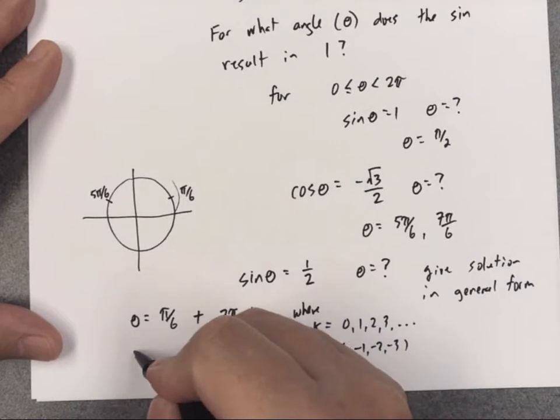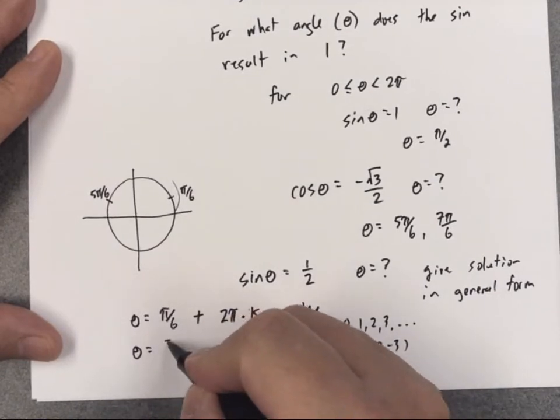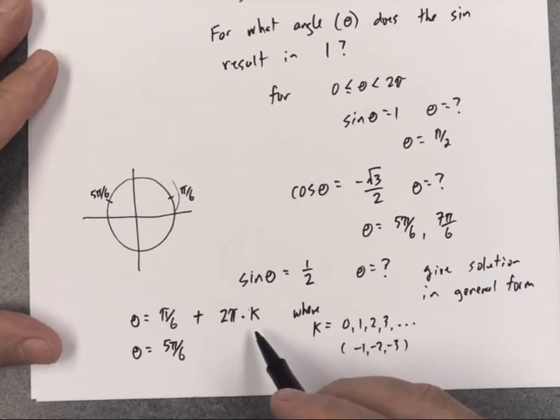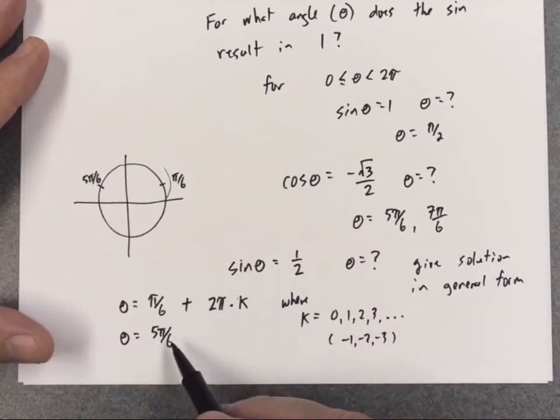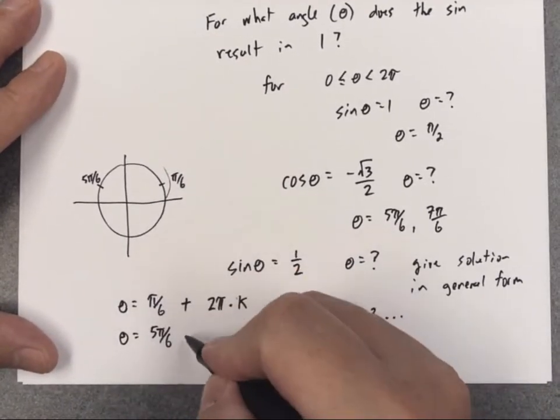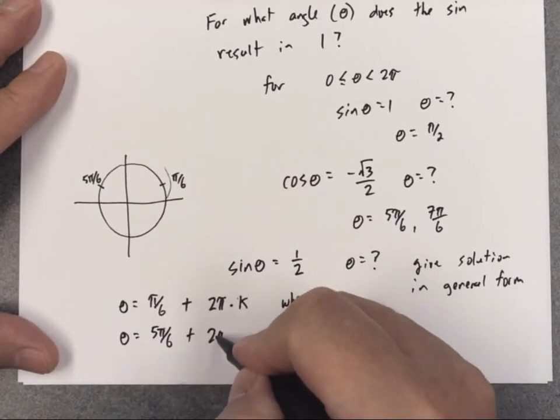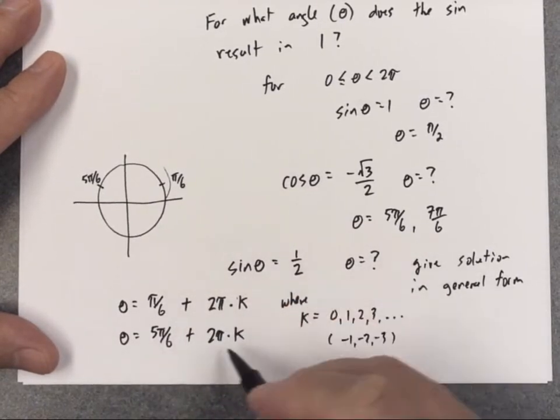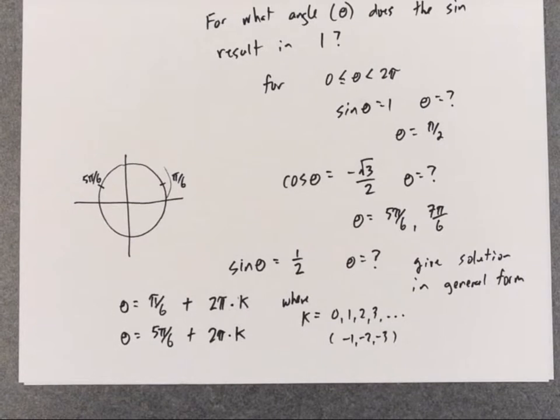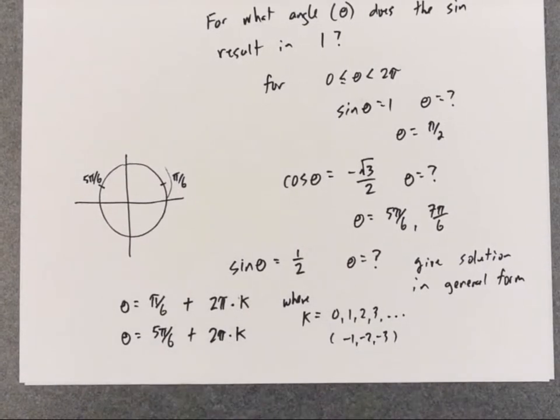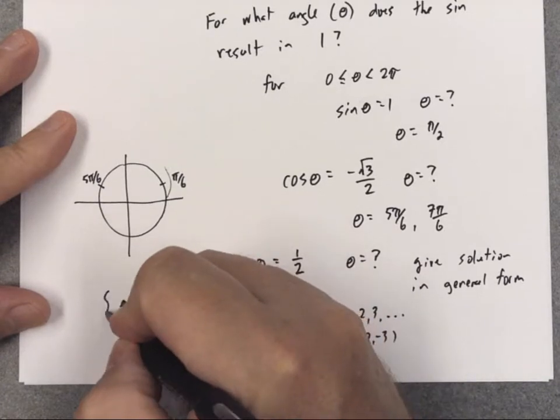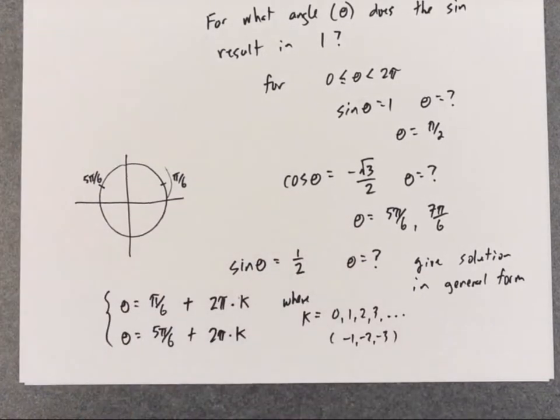So what we do is we write the second possibility, and we use the same principle. 5 pi over 6 is a starting point. However, we can keep going around and around the unit circle. So as a general solution, these are the general solutions.